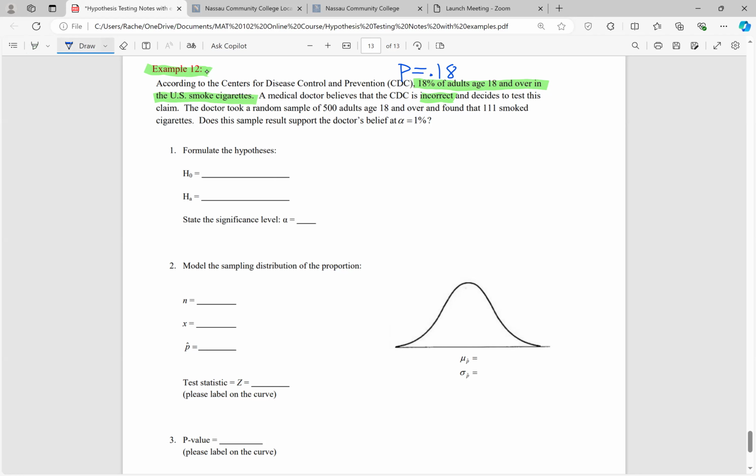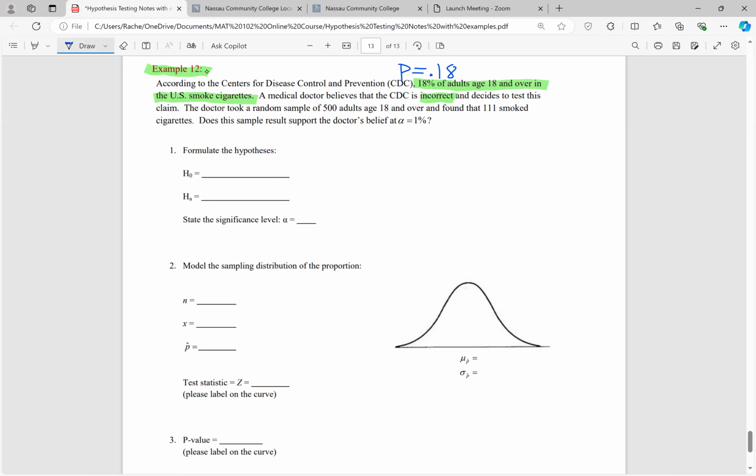Incorrect means different than or not the same as. So now I know my alternative: the population proportion of adults that smoke cigarettes is not equal to, or different than, 18%.